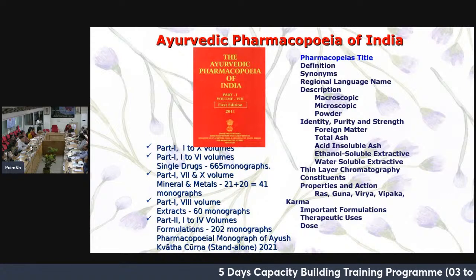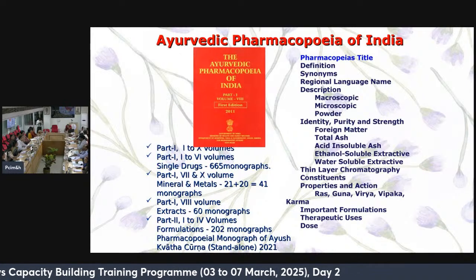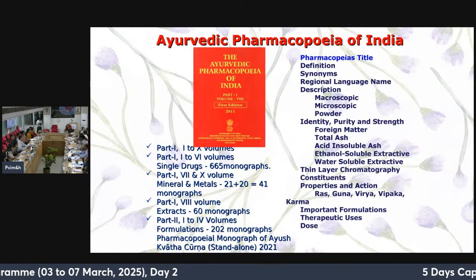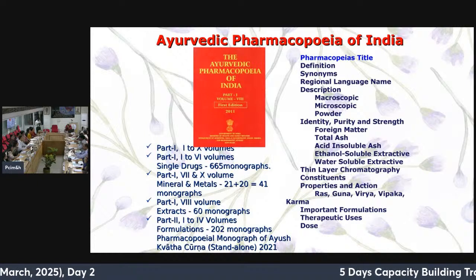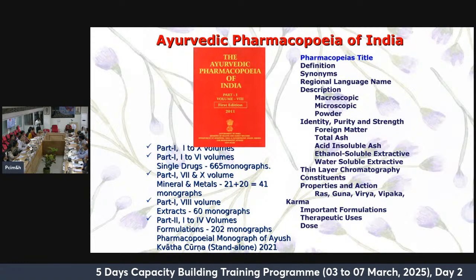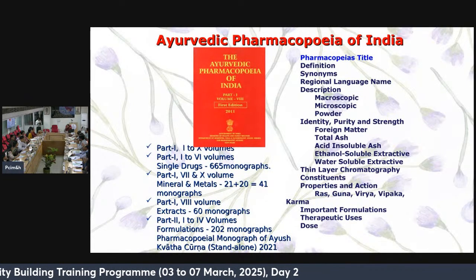Basically we divide all the parameters: the pharmacopoeia title, then the definition, just 3 to 4 lines, where we see the definition that the plant consists of dried root, part, seed, whatever part is used. And there is a small specification about whether it is perennial, an animal, tree or herb, and where it is found, its distribution.